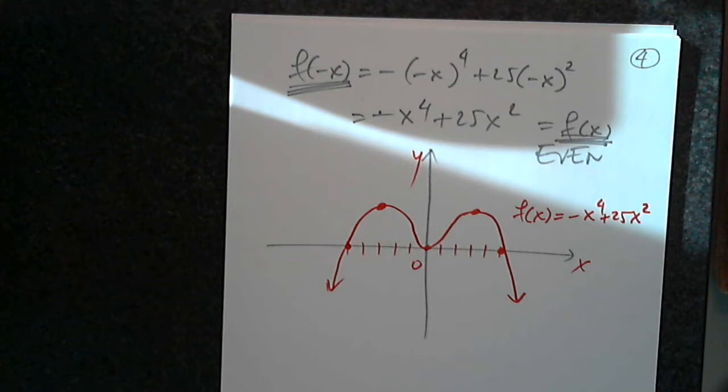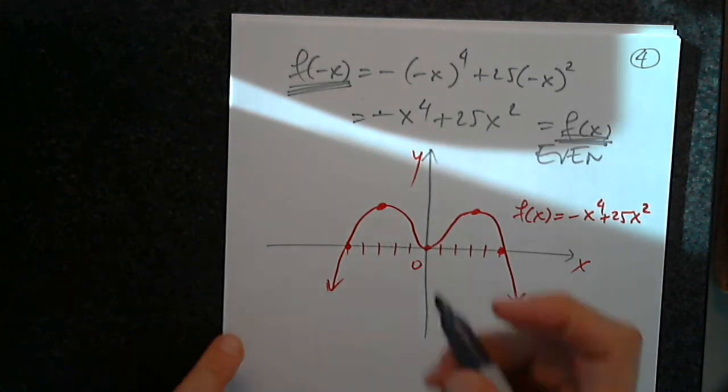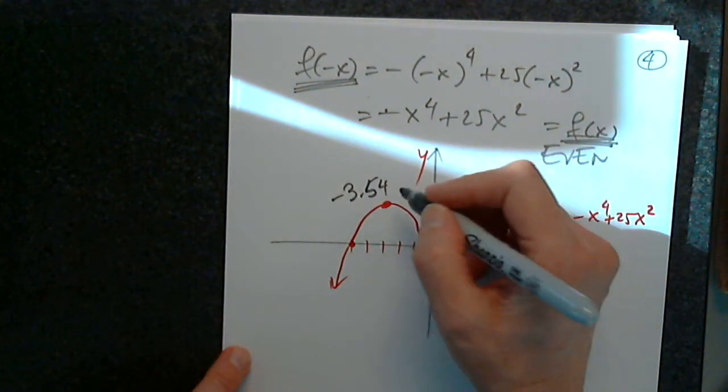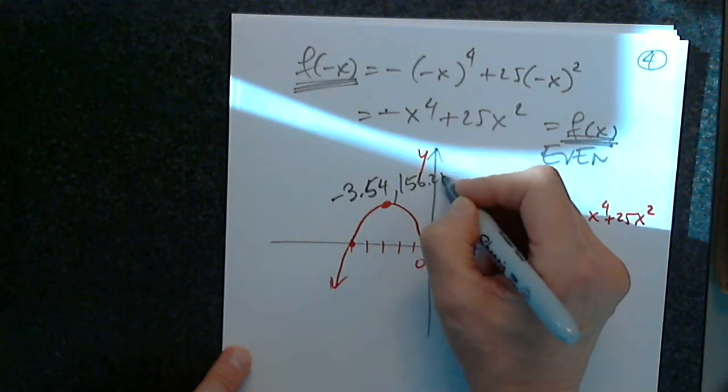Good enough. I'm only interested in determining the maximum. I know it's somewhere between negative 5 and 0. Second, calc, I want the maximum, which is 4, between negative 5 and 0, and enter. So the maximum is at negative 3.54, and what is the maximum value? 156.25.